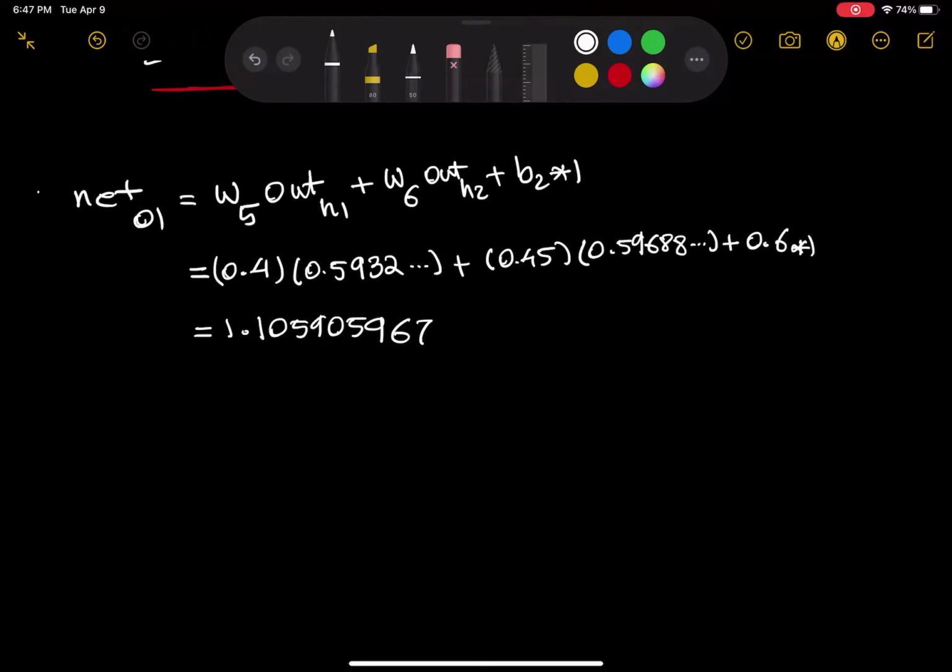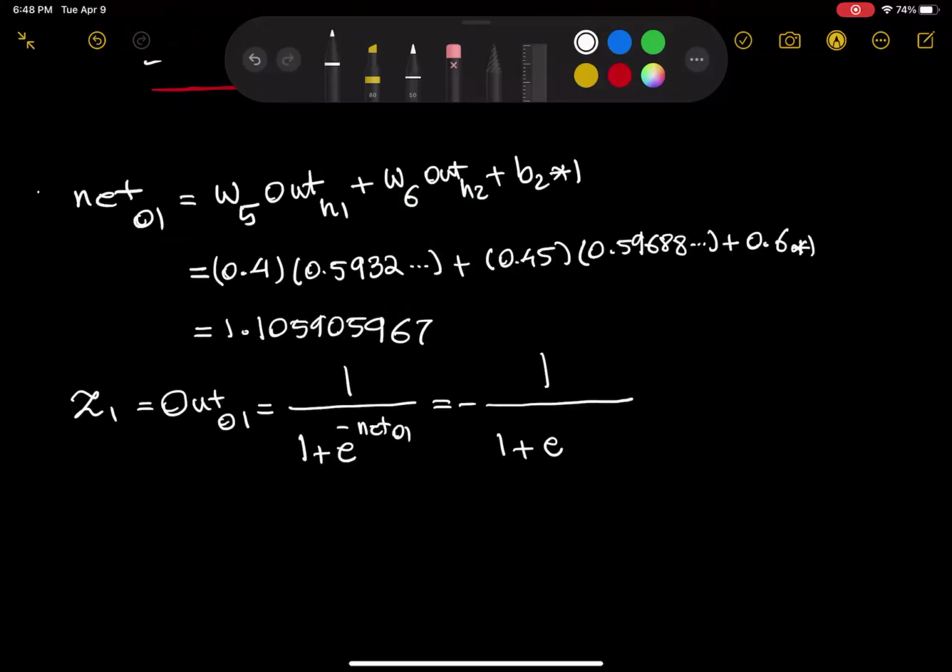So basically your Z1, the one that we call it there, which is equal to out of O1, I'm going to pass it to 1 divided by 1 plus e to the negative net of O1, which is equal to 1 plus e to the negative this number, because that's the net of O1, 1.105905967.